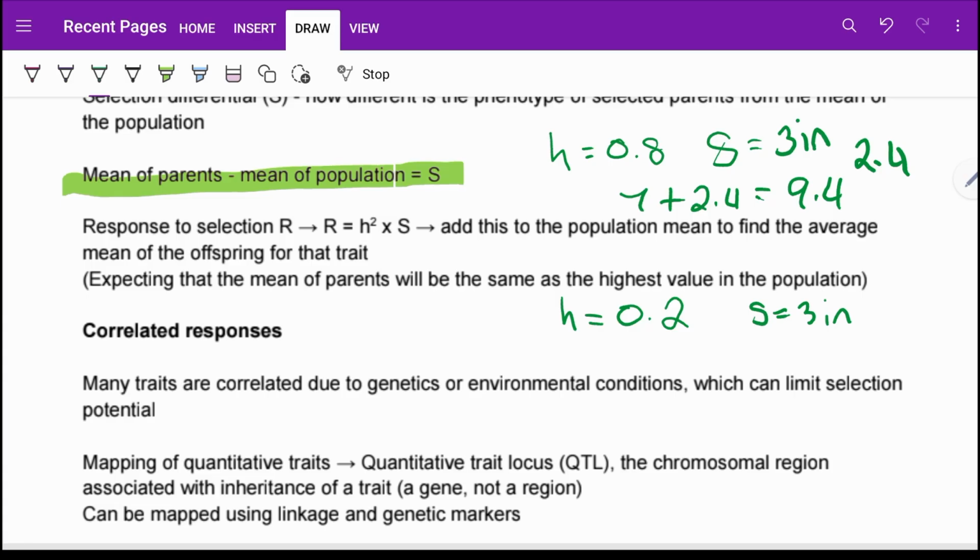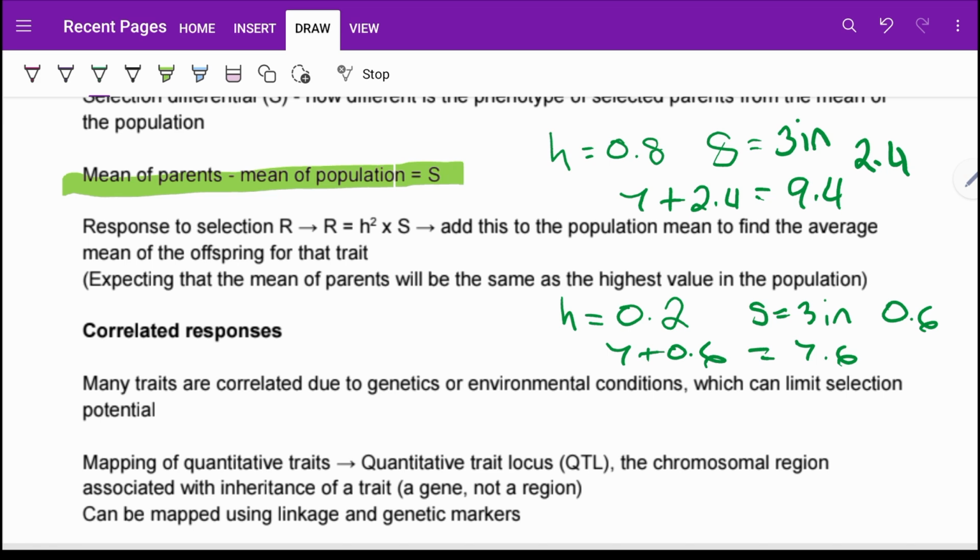Then it would be 0.2 times 3, which equals 0.6. So then 7 plus 0.6, because 7 is our average, would be 7.6. So the average corn ear length of the offspring would be 7.6.